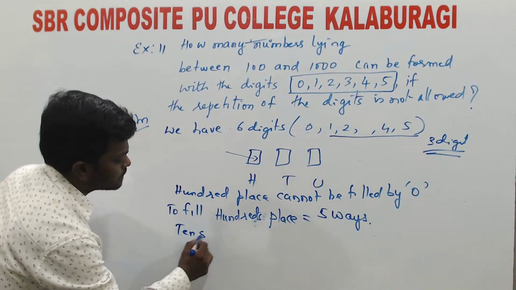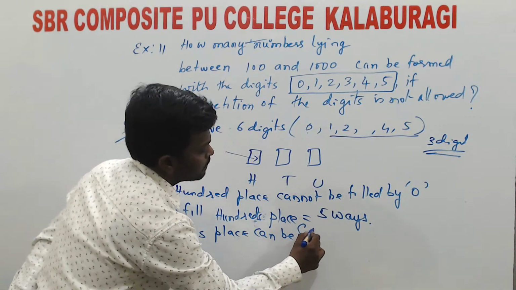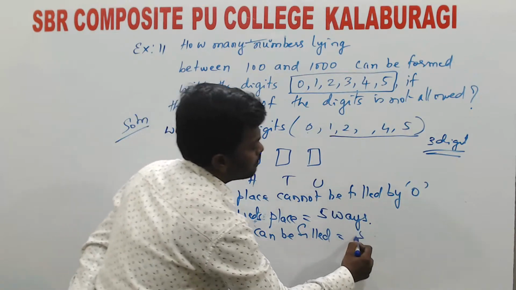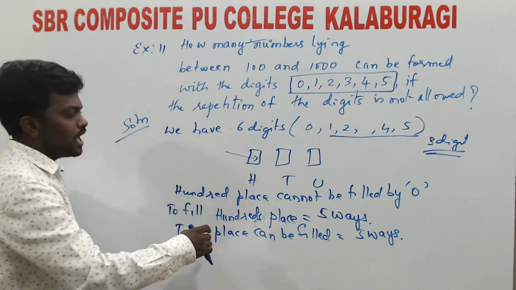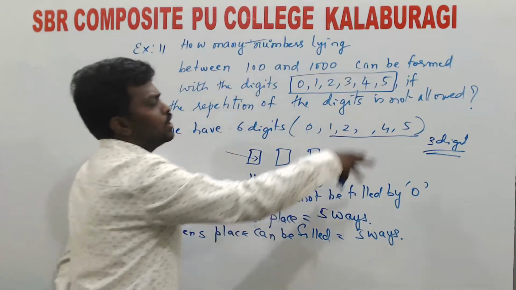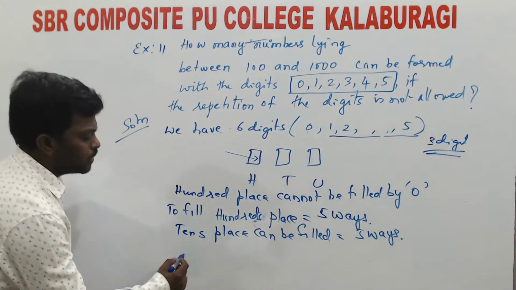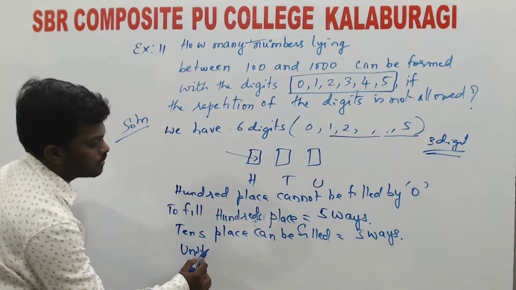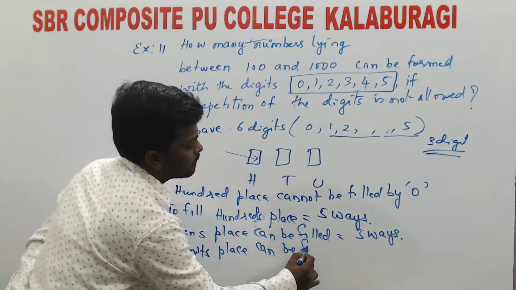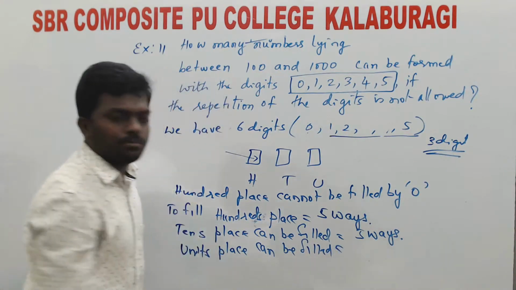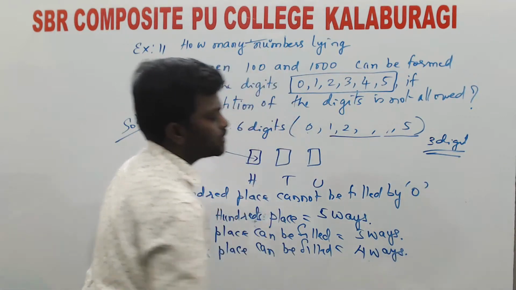The tens place can be filled in how many ways? 5 ways. Now the digits cannot be repeated, so let me suppose this is being filled. The units place can be filled in how many ways? 4 ways, right, students?